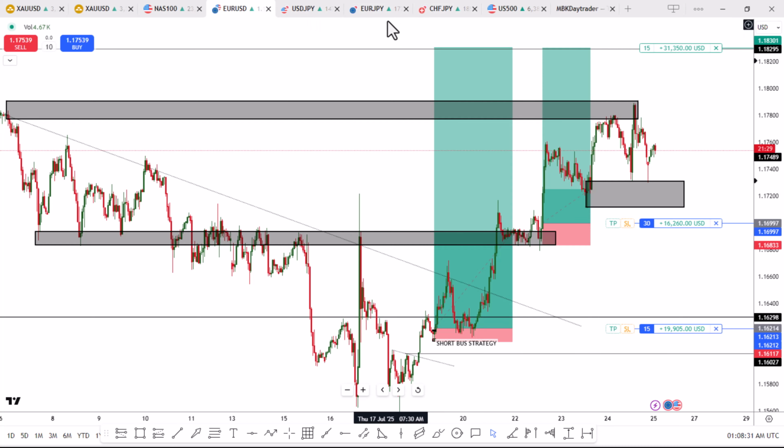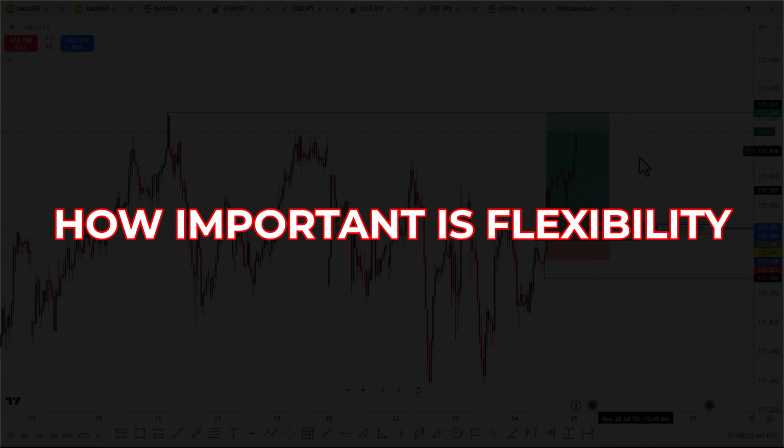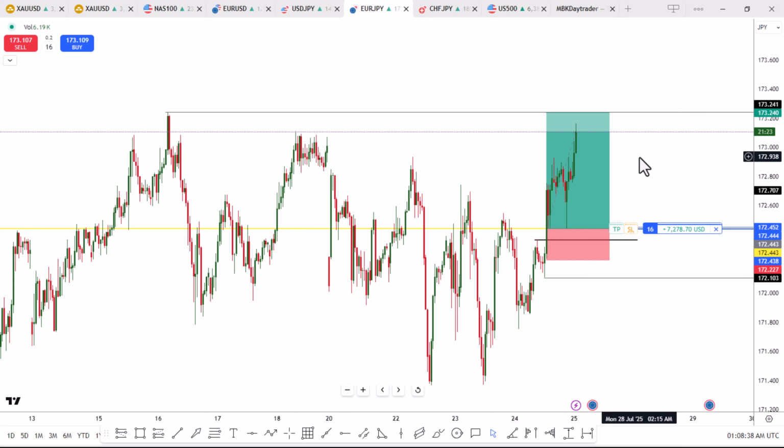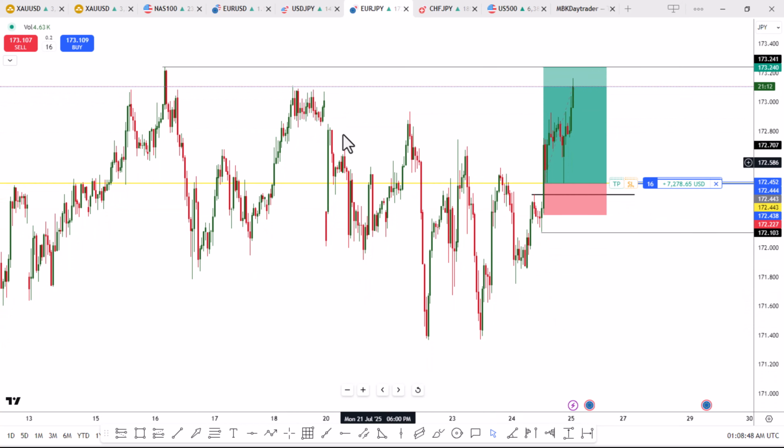So first of all, why is flexibility a key thing in every trader's journey? Now you can't actually be on only one pair. It's not going to be possible, because let's look at this. For instance, this is Euro JPY. Just look at what was happening around this zone right here. Do you see me trading this pair around that time?